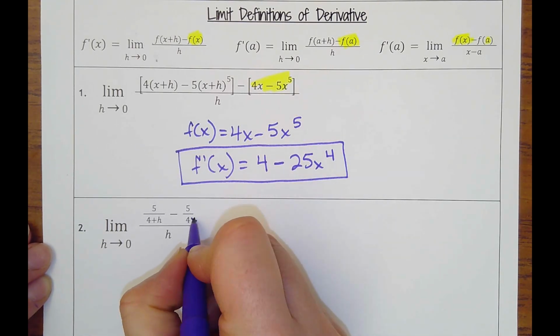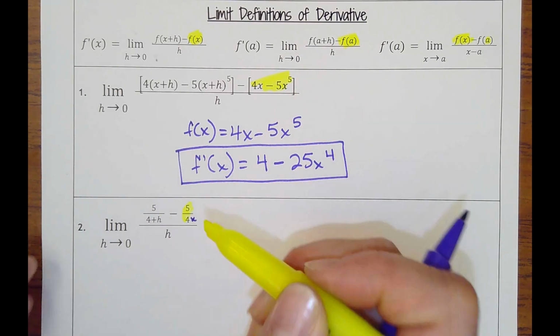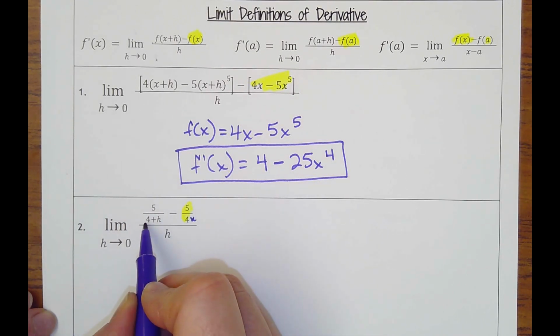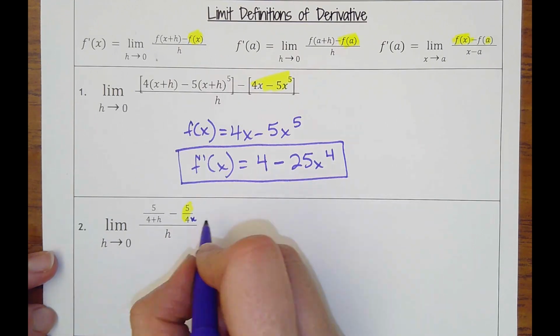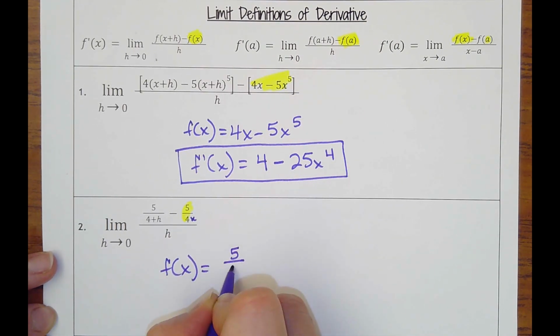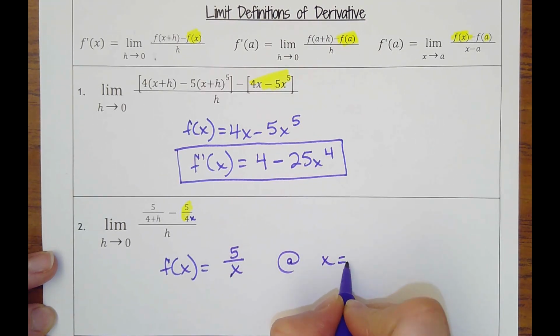So this is really where x was, and this is then taking x plus h, and that's why it's 4 plus h. And then I'm going to write, so f of x is really the function 5 over x, and that's going to be at x is 4.